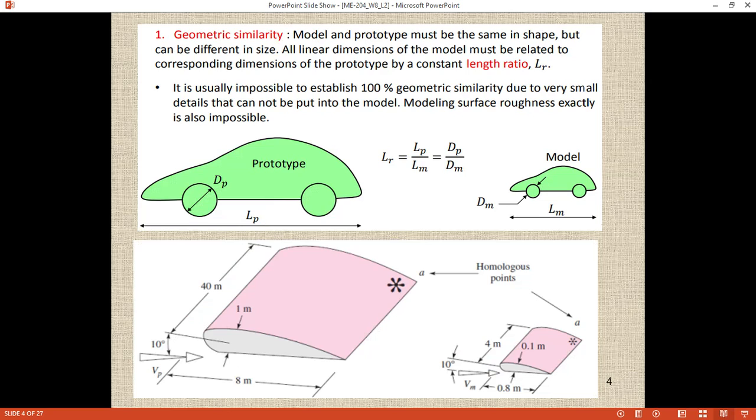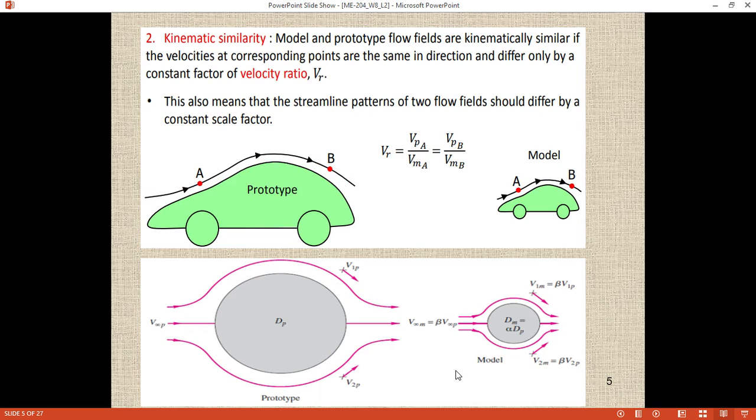Let's do a quick review of the three basic laws of similarity or similitude. The first law is geometric similarity. In geometric similarity, the shape of the object must be the same, and every linear dimension must be reduced with respect to a length ratio.